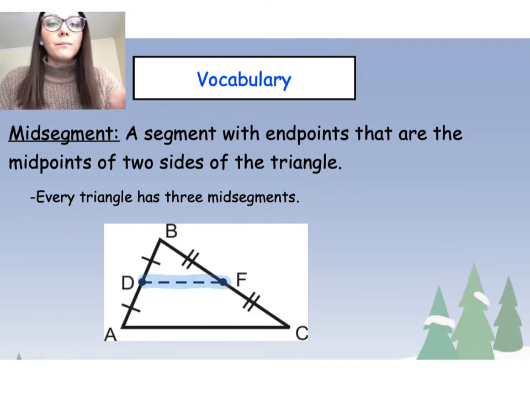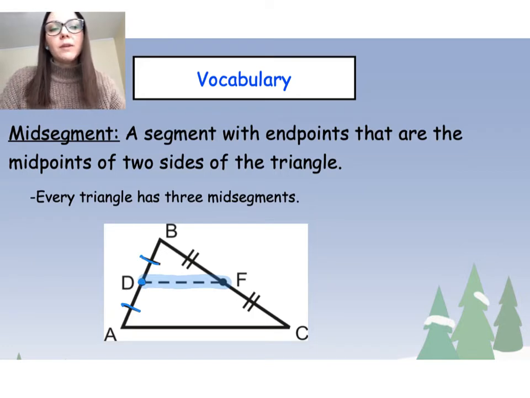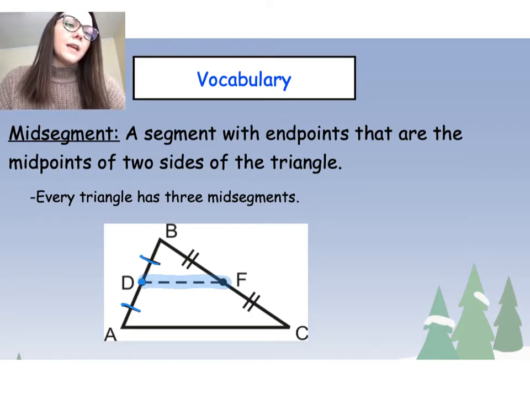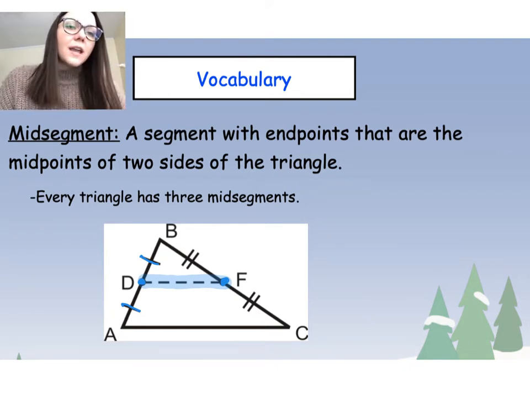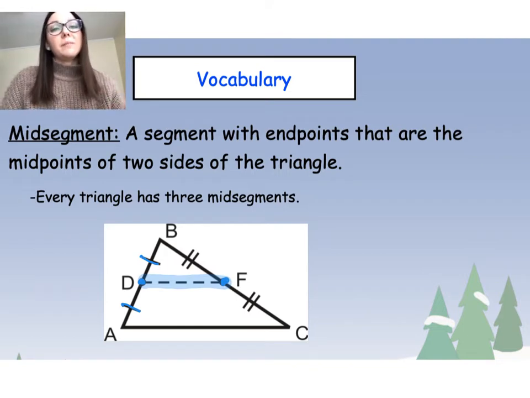I know that because based on these congruence markings, point D would be the midpoint of segment BA, and point F would be the midpoint of segment BC based on the two sets of tick marks. The segment connecting those two midpoints is called the mid-segment.